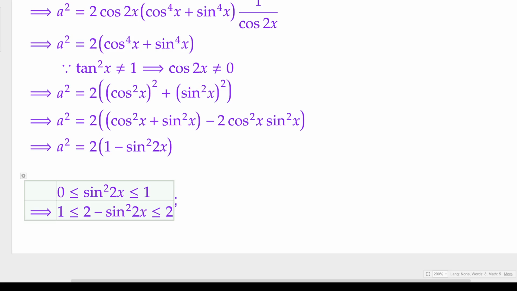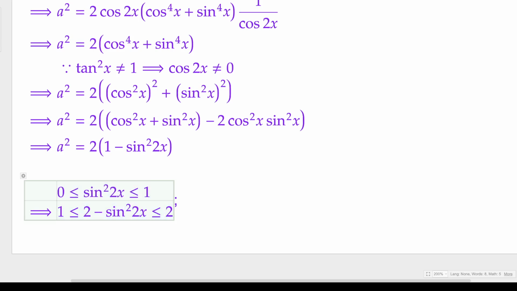Here I have considered 2 and I have subtracted this quantity. Definitely, if I write it in the reverse order, we can write this particular inequality.